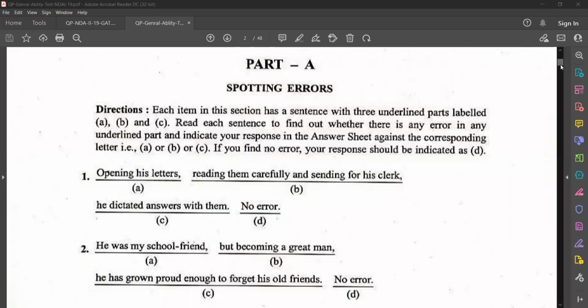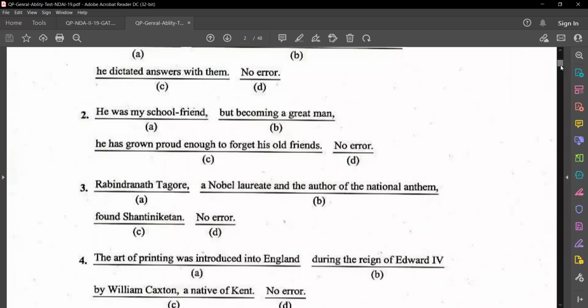Next question. Question number 2. He was my school friend, but becoming a great man, he has grown proud enough to forget his old friends.